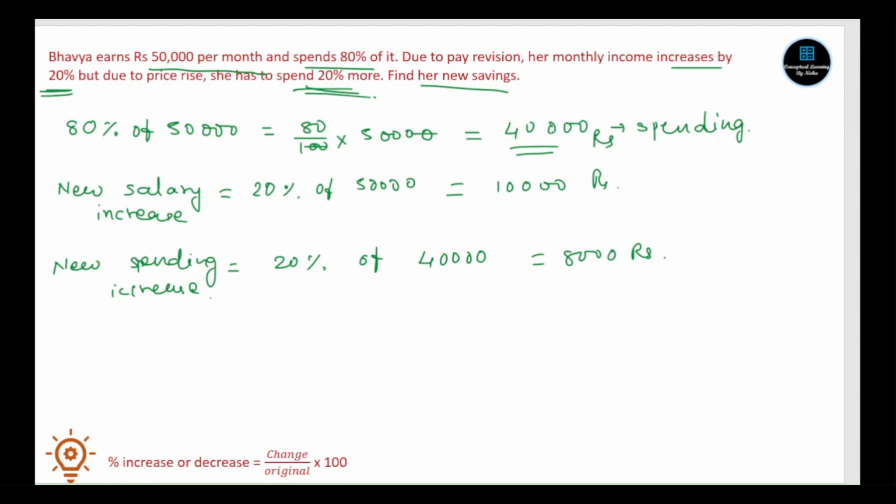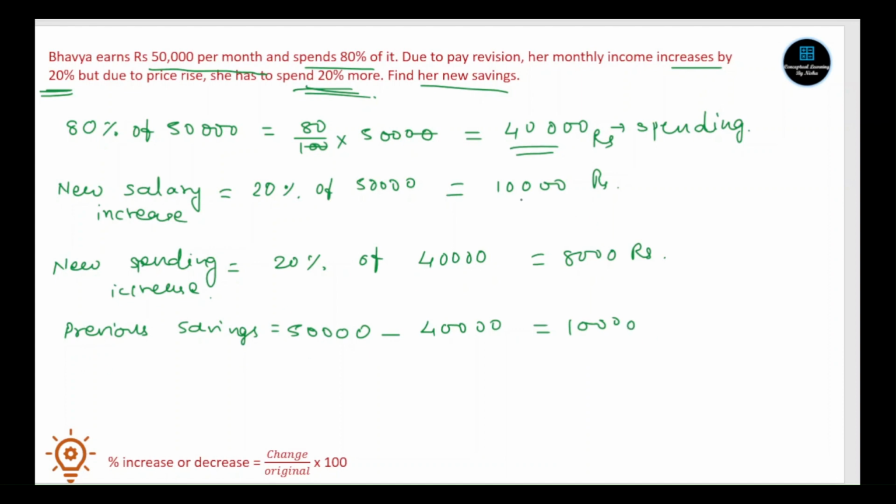So see, her total salary was 50,000 and she was spending 40,000. So previous saving is equal to 50,000 minus her expenditure of 40,000, which is nothing but 10,000. And now the new saving.